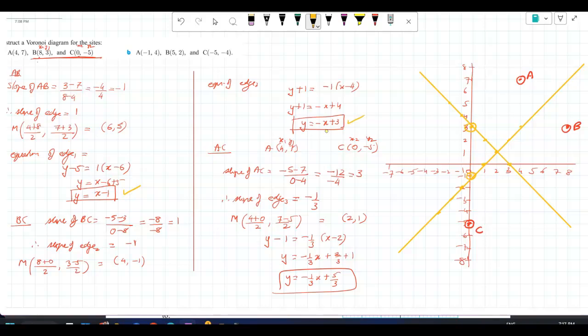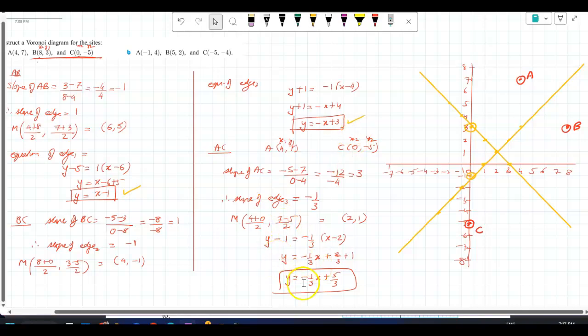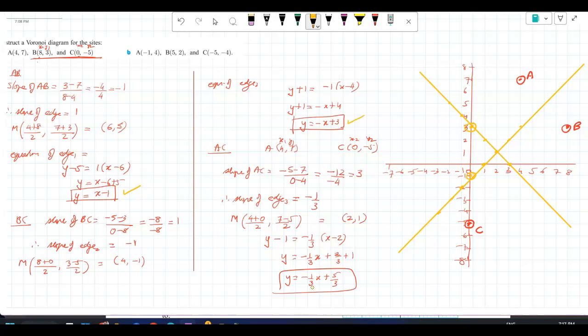Correct? This is your H2. Now H3 is what? This one. 5/3. 5/3 is how much? A little less than 2. 5/3 is 1.3, 1 are 3, 3 6.